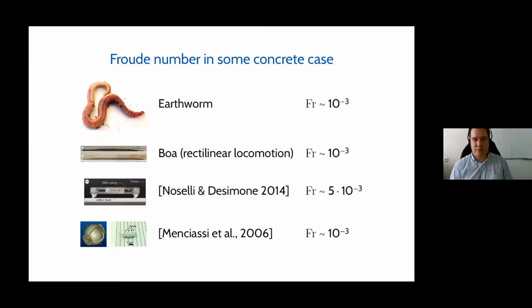Again, we get a Froude number of around 10 to the minus 3. If you look at the classical snake strategies, so slithering locomotion, it is about 10 to the minus 2, maybe also a little more.